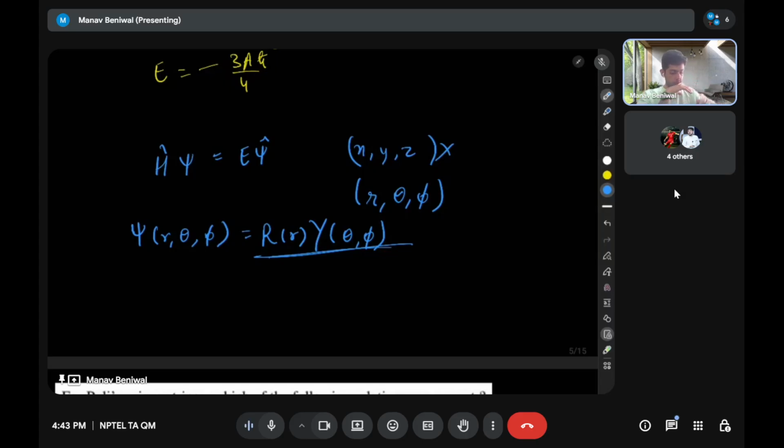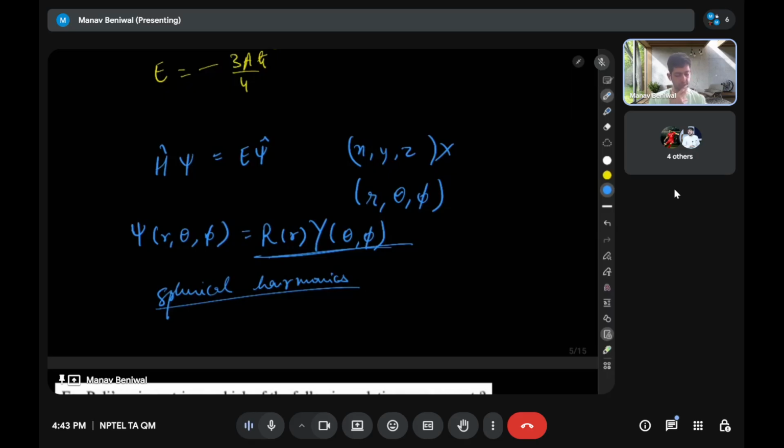Now when we do this, we get our spherical harmonics. Angular momentum is one of the operators which depends on theta and phi; it does not depend on r.